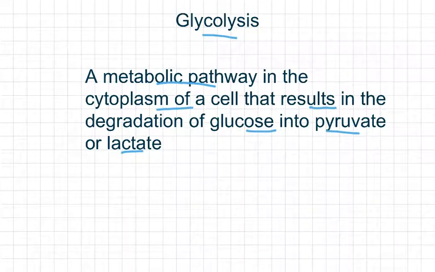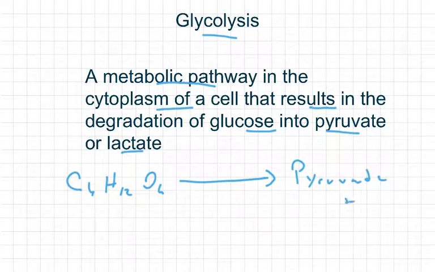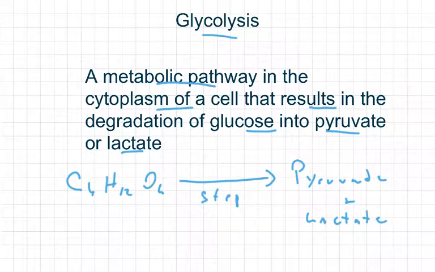And so what we're saying is we're taking glucose, which again is C6H12O6, it's converted to pyruvate and lactate through a series of intermediate steps. And so let's go over those steps that are part of the glycolytic pathway.